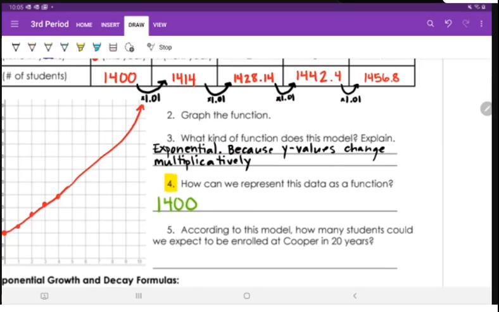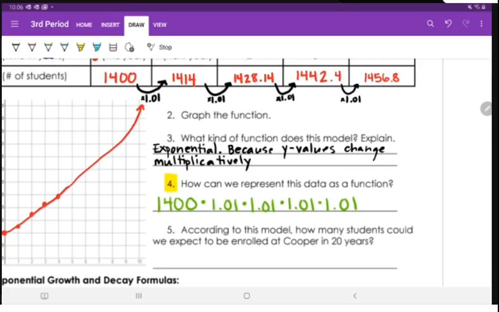Then, for each subsequent year, to figure out how many students we were going to have in the next year, we multiplied it times 1.01. Then to figure out how many students we were going to have the next year, we multiplied again by 1.01. Then for the next year, we multiplied again times 1.01. And we just kept repeating that process.